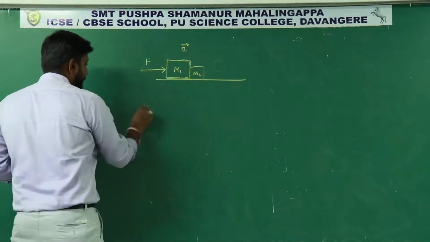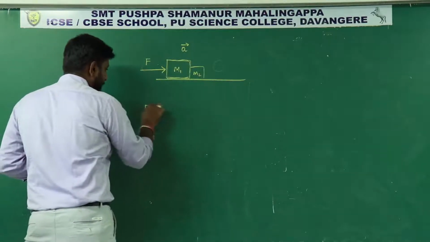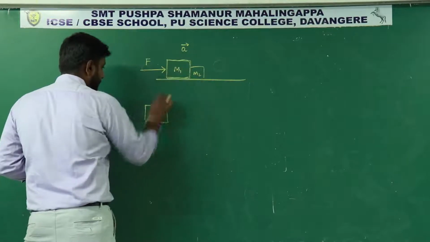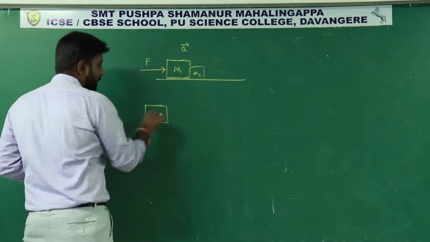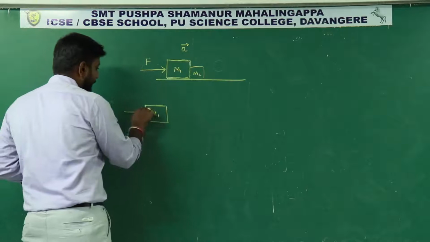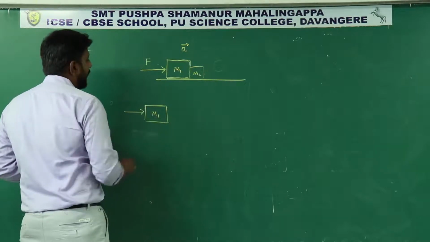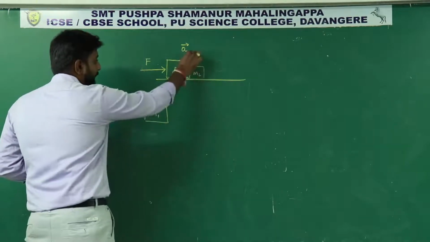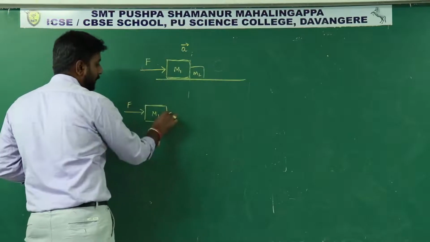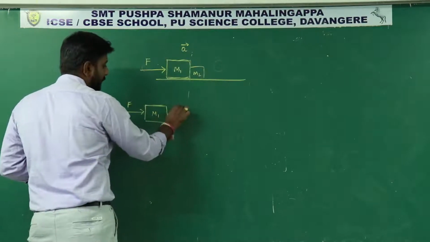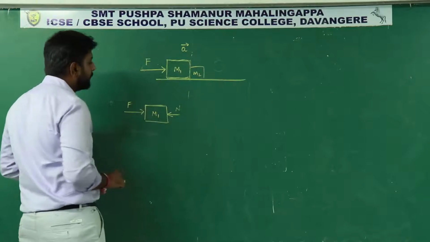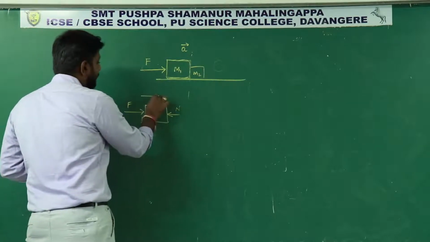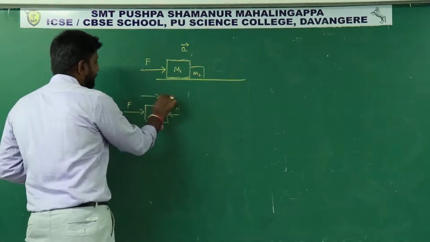For that, let us draw the free body diagram for mass m1. So identify the forces. Force F acting in this direction, and here due to the contact, m2 also applies a contact force, normal force, in this direction, and the block is moving in this direction with some acceleration a.